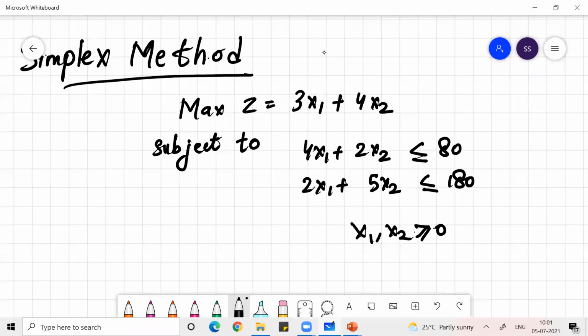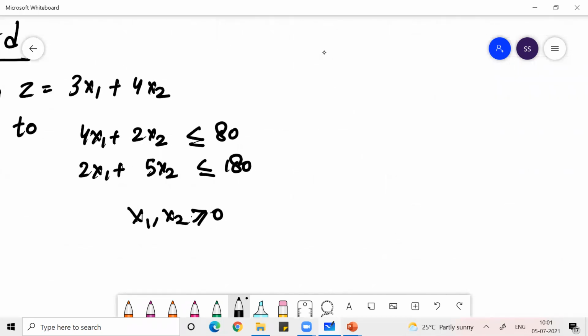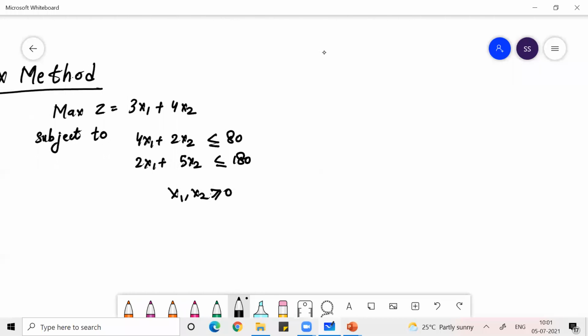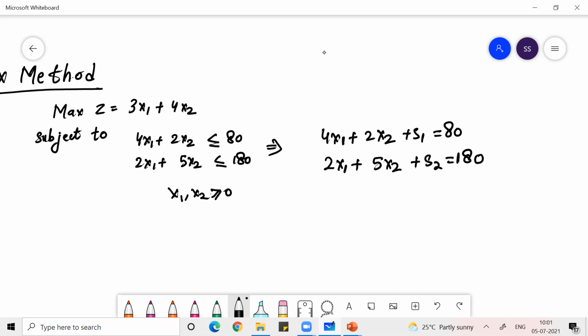If you look into these constraints, in the simplex method I'll write 4x1 plus 2x2 plus s1 is equal to 80, and then 2x1 plus 5x2 plus s2 is equal to 180.